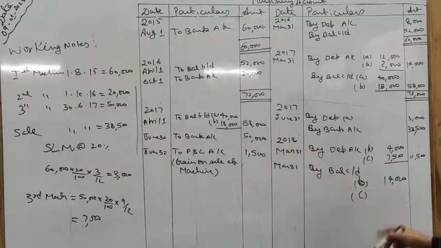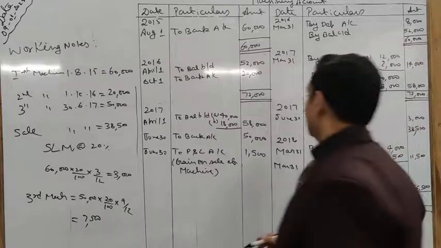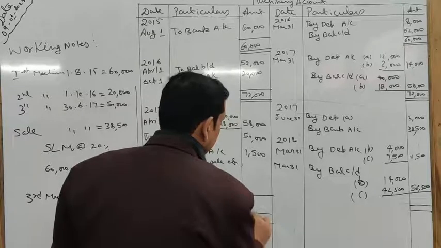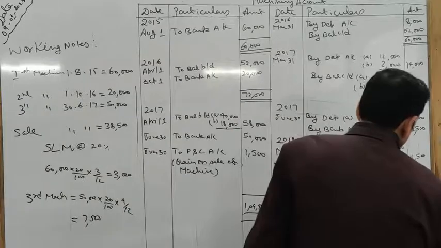And C machine is 50,000 minus 7,500, so 42,500. Total is 56,500. Okay, make a total. So the total coming is 1,09,500 on both sides.